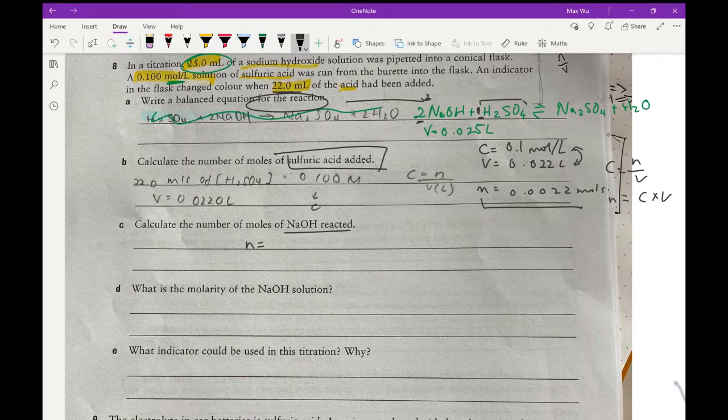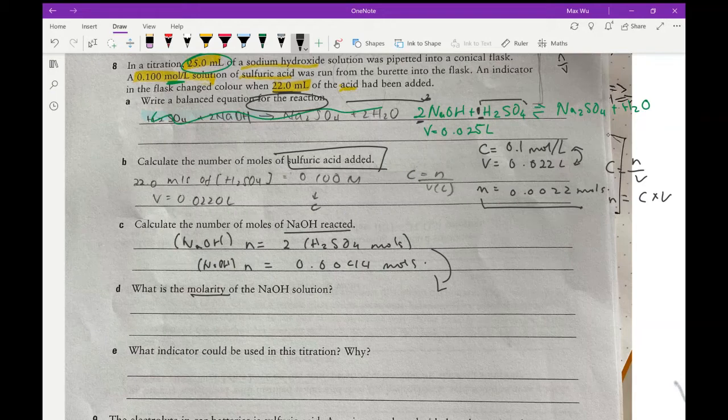We can just say N of NaOH should equal 2 times H2SO4 moles, right? So we have N of NaOH would equal to 0.0044 moles.